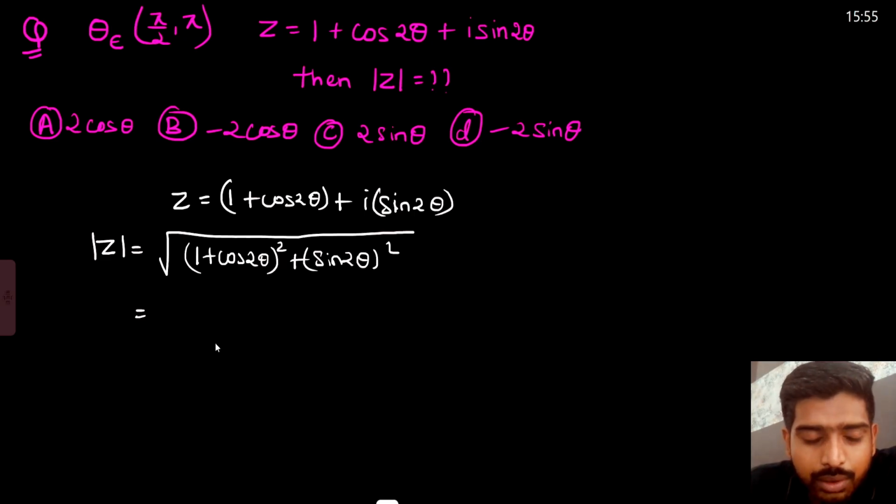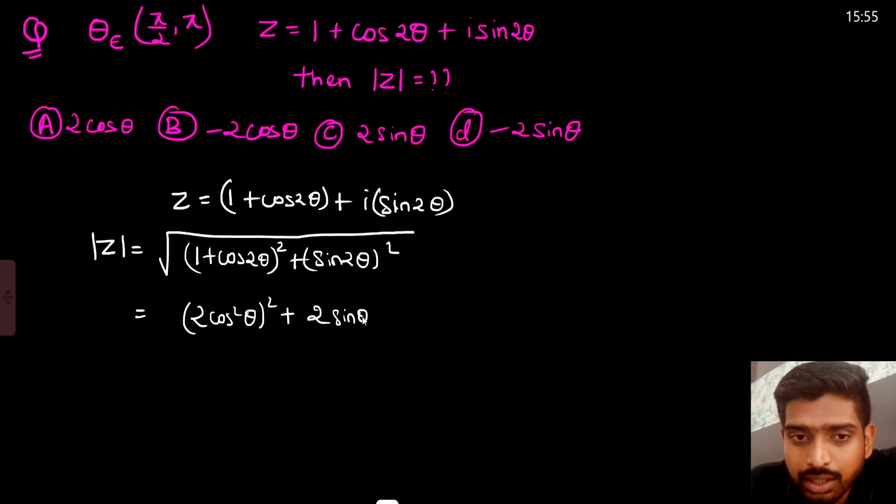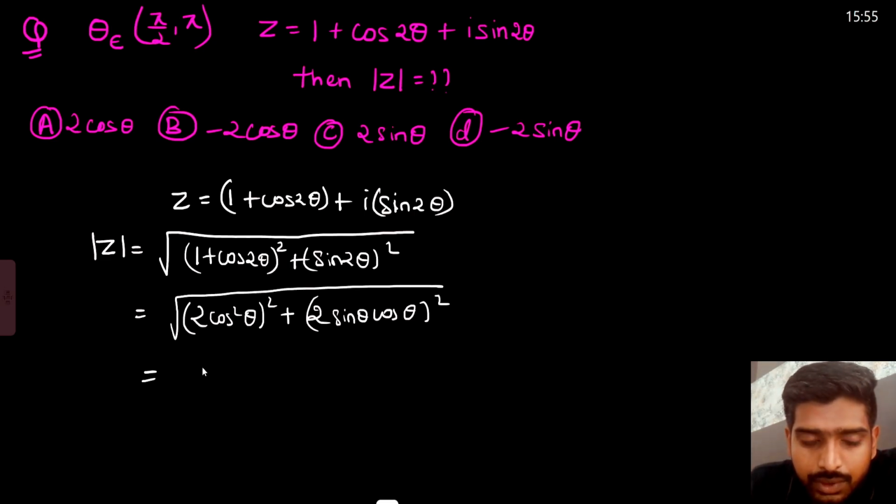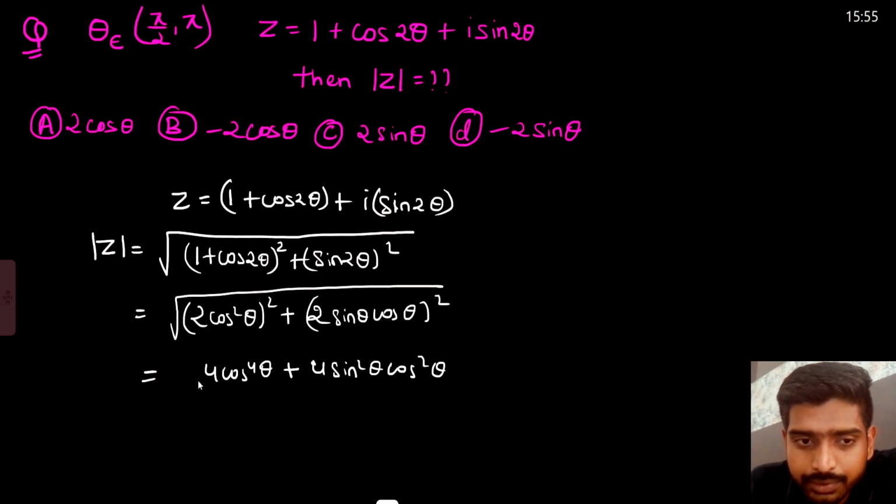1 plus cos 2 theta is 2 cos square theta, whole square, plus sine 2 theta. Also I can break it in terms of theta. Sine 2 theta is 2 sine theta cos theta, whole square. Now next, this will be 4 cos power 4 theta plus 4 sine square theta cos square theta.